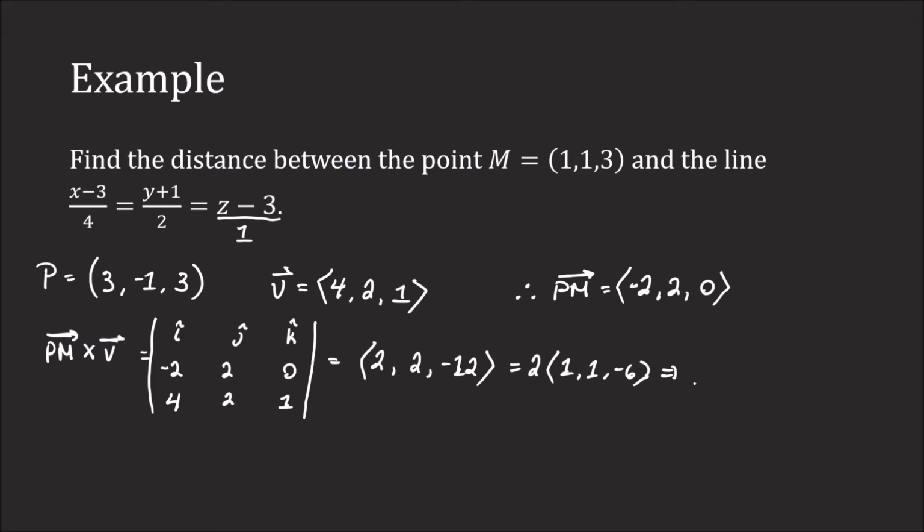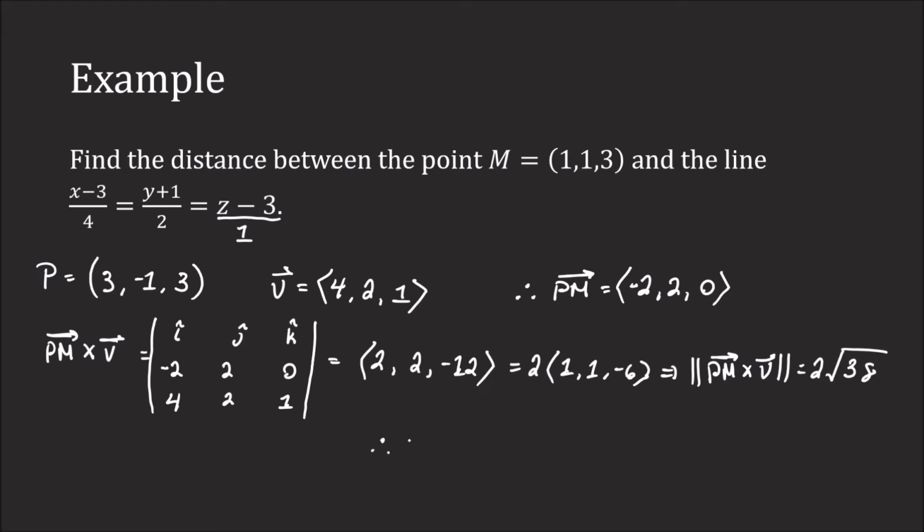Which means that the magnitude of PM cross V is 2 times the square root of 1 plus 1 plus 36, which is 38.